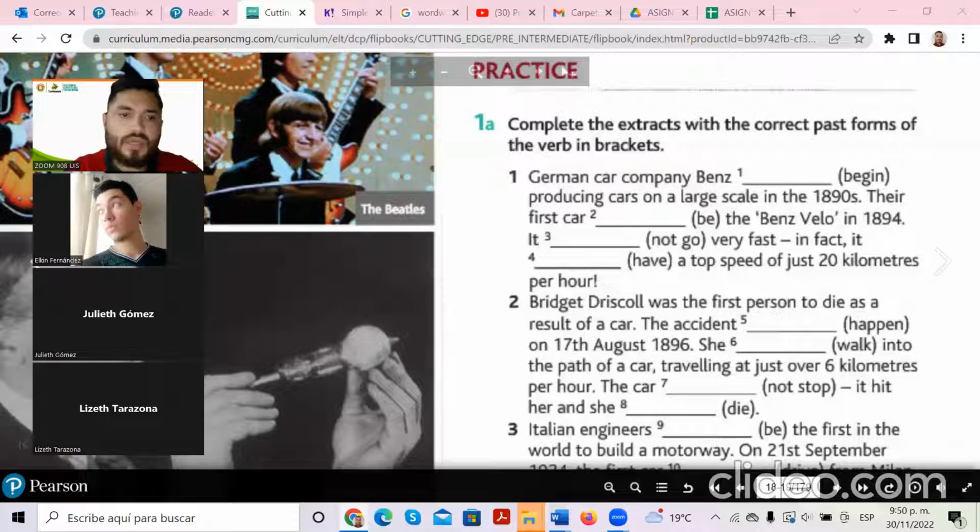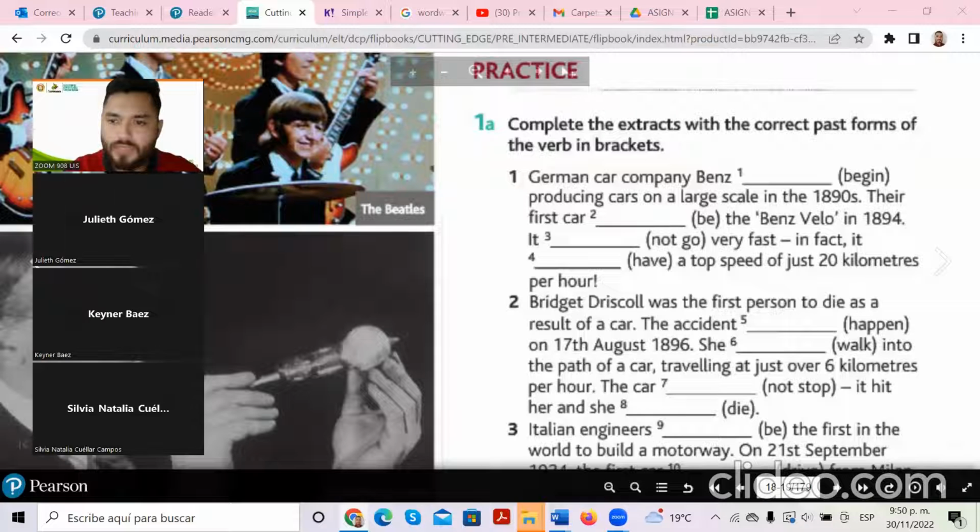She walked into the path of a car traveling at just over 6 kilometers per hour. The car didn't stop. That's correct. It hit her and she died. Final D sound. Died. Okay.